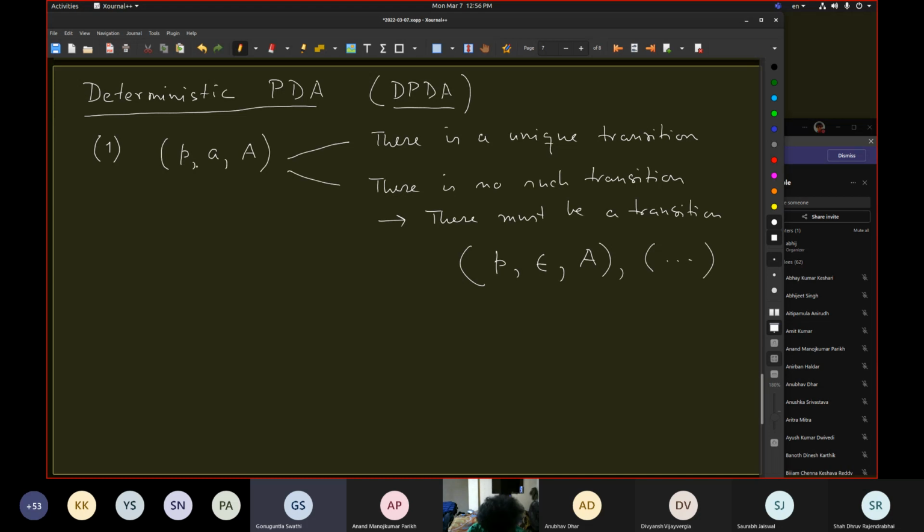So if you can consume A, do it. When you are in state P and seeing capital A on the top of the stack, do it. And if there are no such transitions, there must be a way out using an epsilon transition. So epsilon transitions are allowed in deterministic PDA, but this has to be taken in this light. So this is the determinism part of it, deterministic part of it.